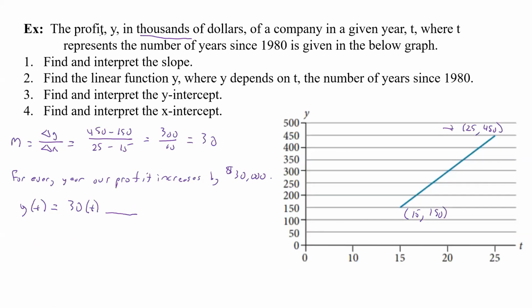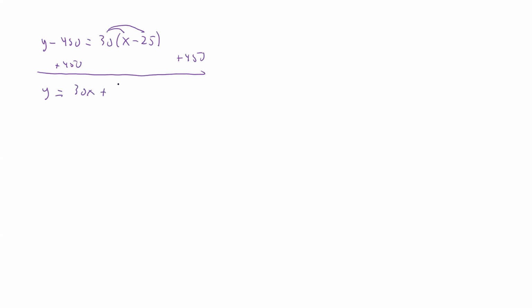So if we use that one, it's going to be y minus 450 is equal to our slope, which was 30, times x minus 25. And so we'll distribute here, and we'll add 450. So y is equal to, and now we're going to get 30x plus, and that's going to be 750, oh, minus 750, sorry.